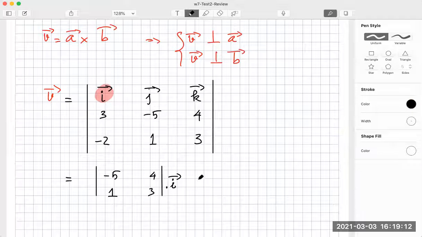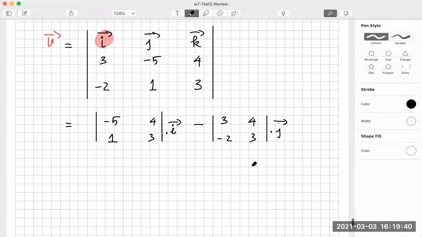Similarly, the second one is the determinant expanding in the j direction, but there is a negative sign here, and the same story: the determinant of 3, 4, -2, 3. And we expand in the k direction.